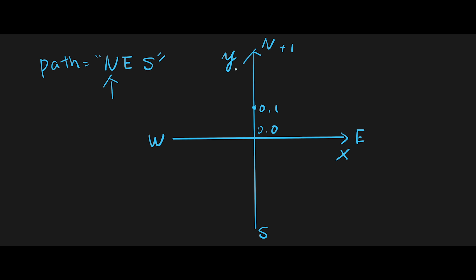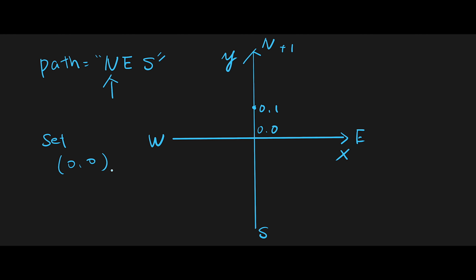And then one question: how can we know if we cross the path? The answer is simply that every time we keep the current position in a set. So now we have a set, and the first position is 0, 0.